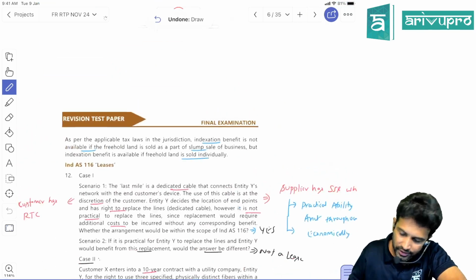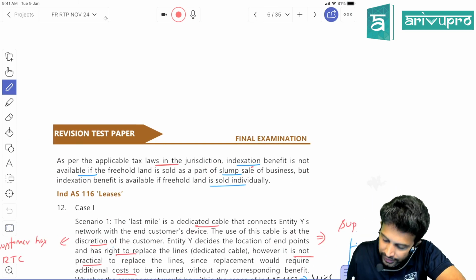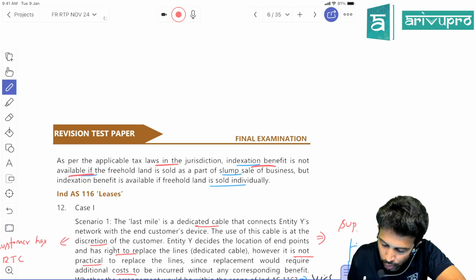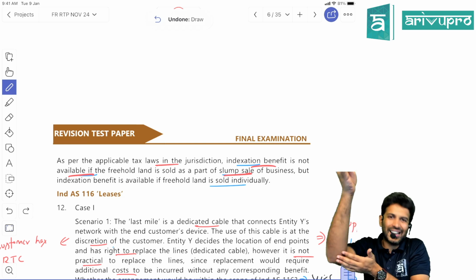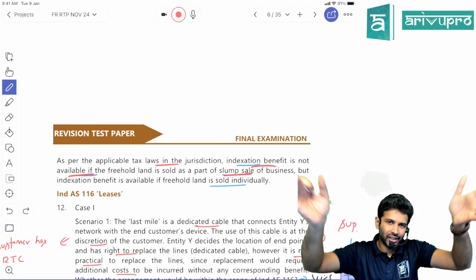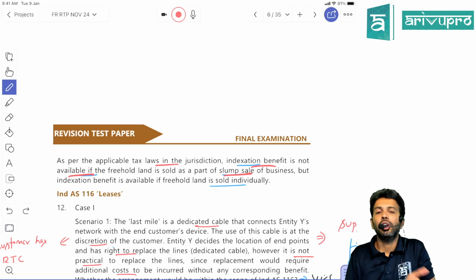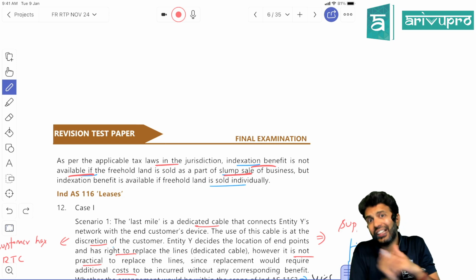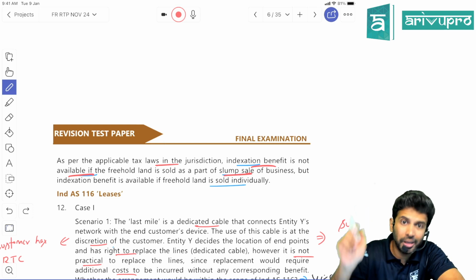In the applicable tax laws in the jurisdiction, indexation benefit is not available if the freehold property is sold as part of a slump sale. In a slump sale, you have not sold the asset alone, you have sold the whole business. So if you don't sell the land alone but sell off the whole business, then indexation benefit will not be available.